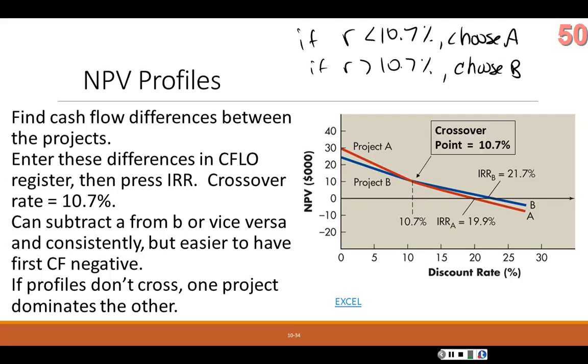So if the projects are independent, it doesn't matter which methodology you use. You're going to get the same accept or reject decision. If projects are mutually exclusive, then you use net present value, because net present value is going to rank the projects more accurately than internal rate of return. And I'm going to explain why now.